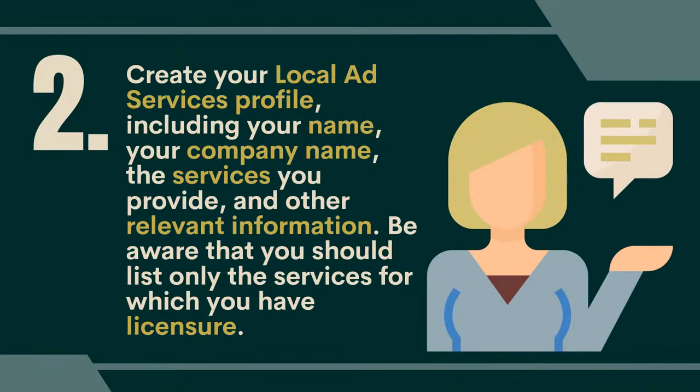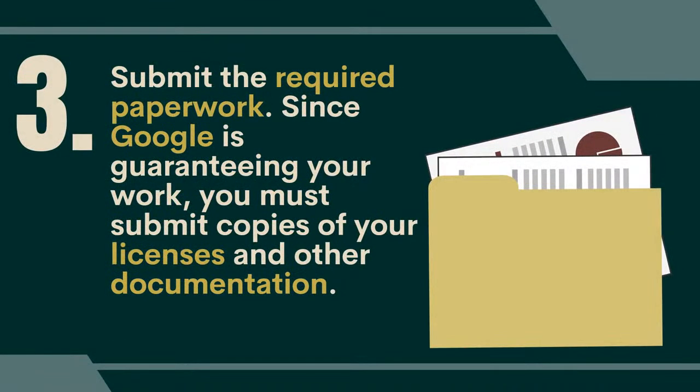Create your local ad services profile, including your name, your company name, the services you provide, and other relevant information. Be aware that you should list only the services for which you have licensure. Step number 3. Submit the required paperwork. Since Google is guaranteeing your work, you must submit copies of your licenses and other documentation.